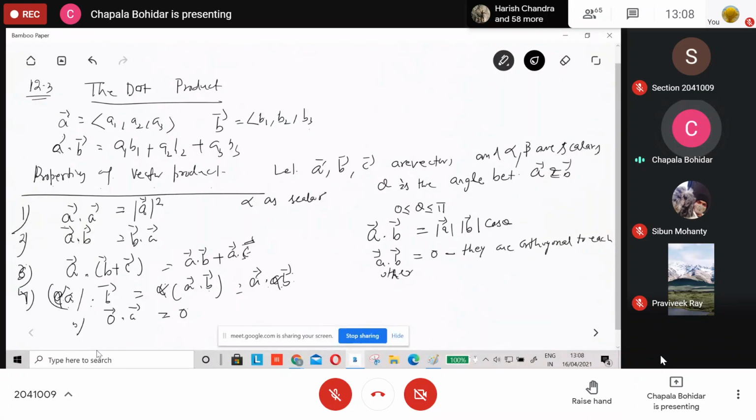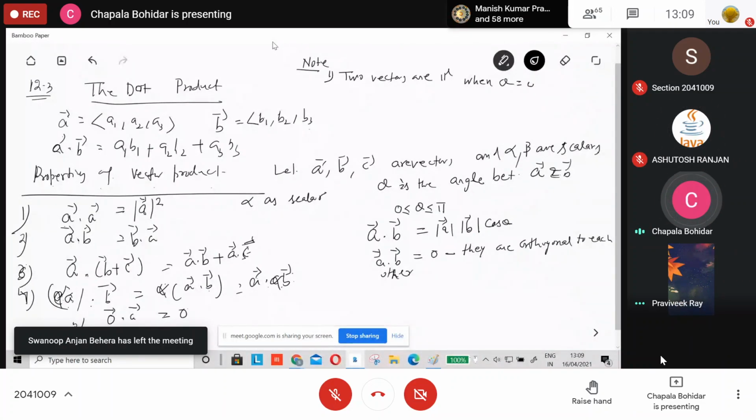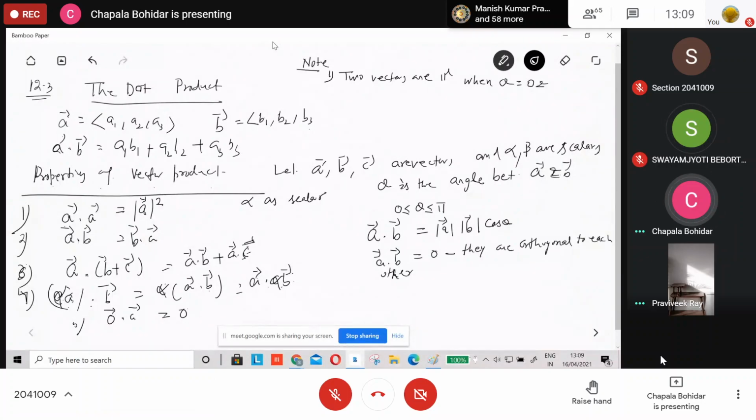Two vectors are parallel when? Note here. First one: two vectors are parallel, this is the parallel sign, when theta is equal to 0, 0 and 180, and pi.